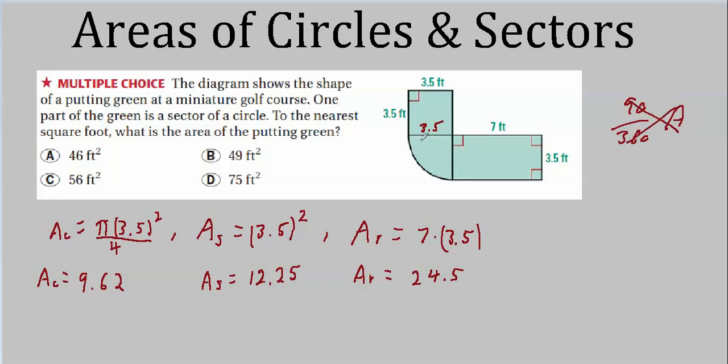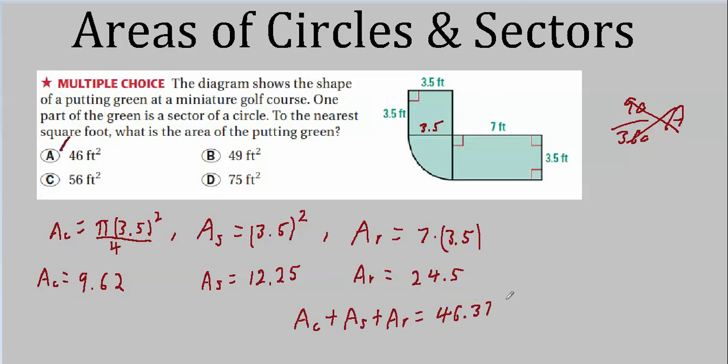That's why I said you can do this in your head. 1/4 of the area, 9.62. The area of the square, 12.25. It's 3.5 squared, and this one is 24.5. Well, if we add that all up, and when I add them up, I get 46.37, which looks pretty close.